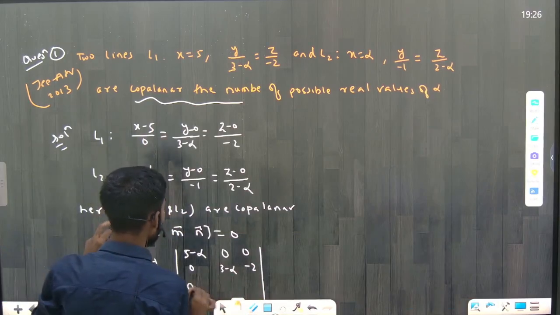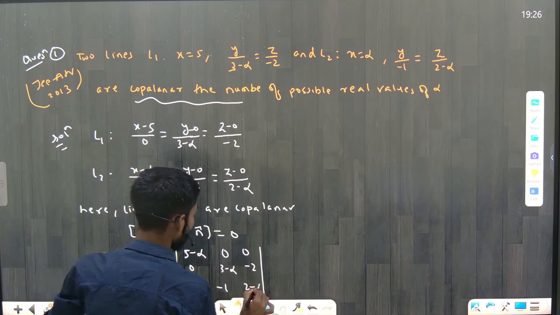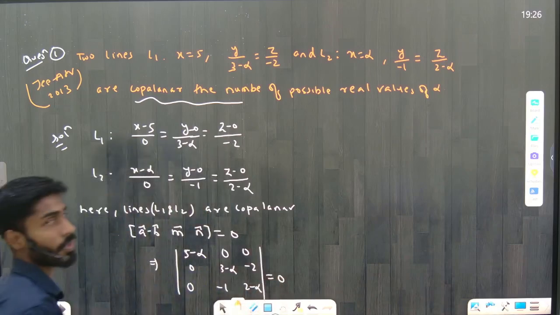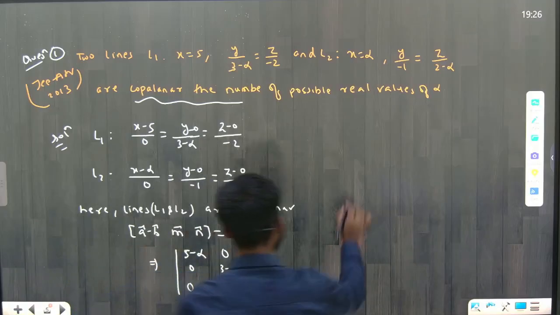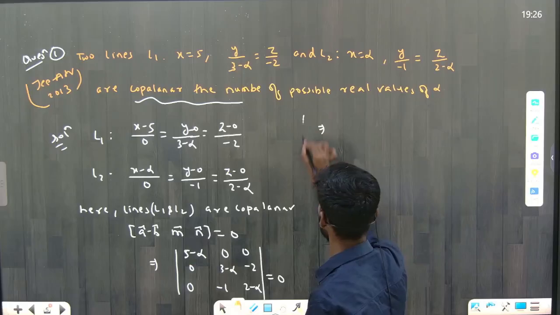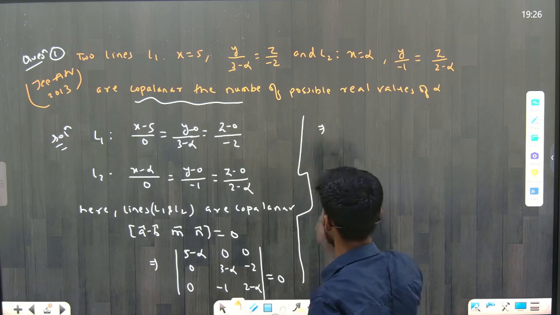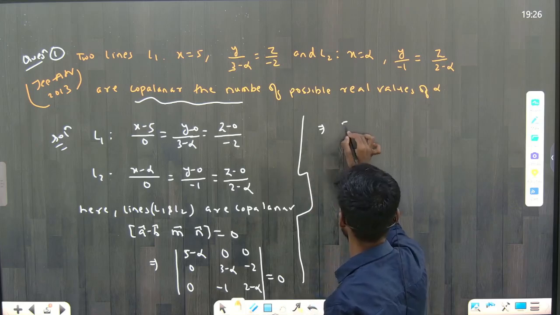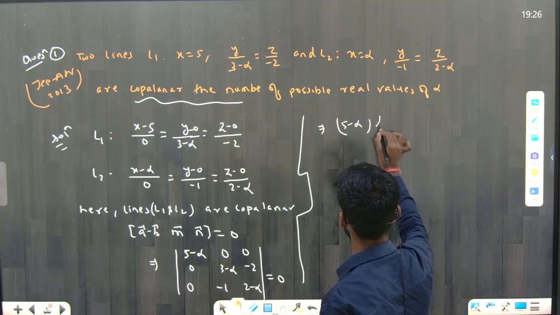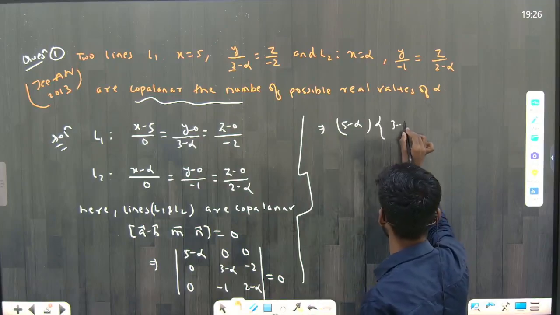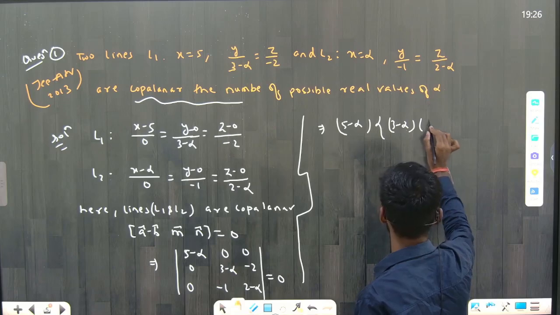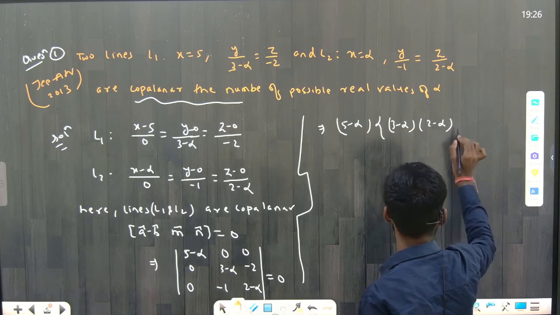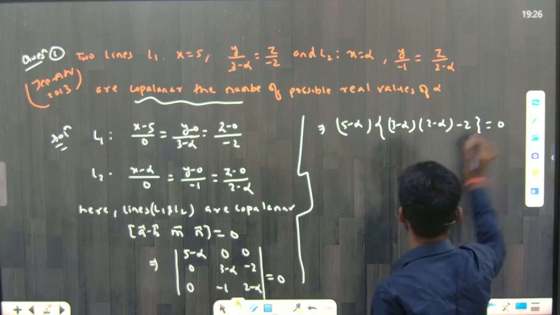Then 0, minus 1, 2 minus alpha, and it will become 0 because these are coplanar lines. Now solving this part, solve the determinant: 5 minus alpha, times 3 minus alpha into 2 minus alpha minus 2 is equal to 0.